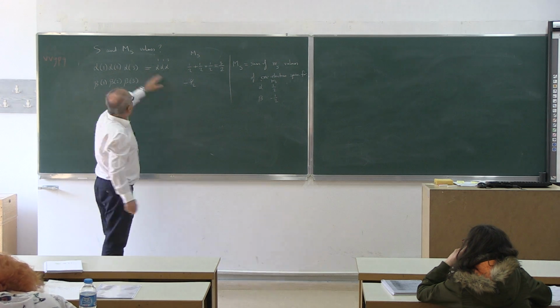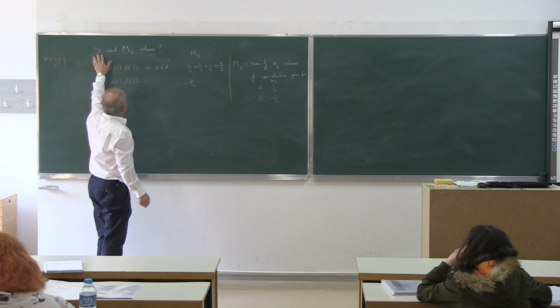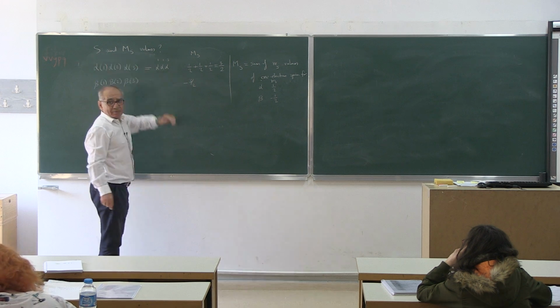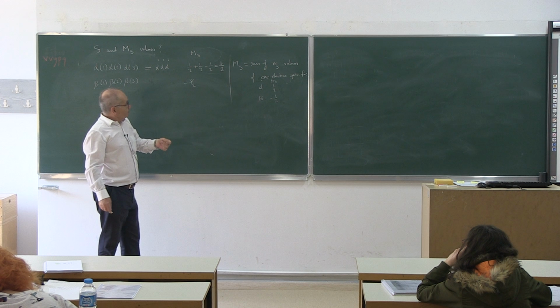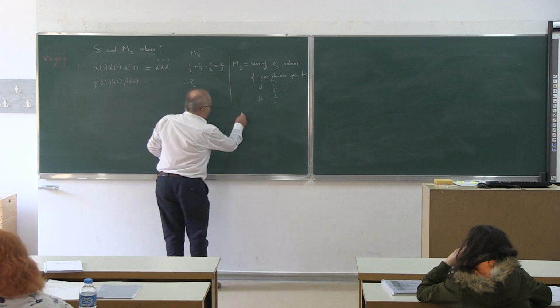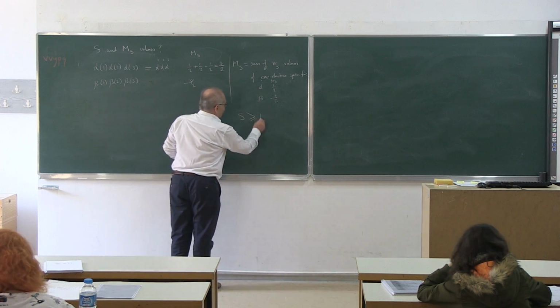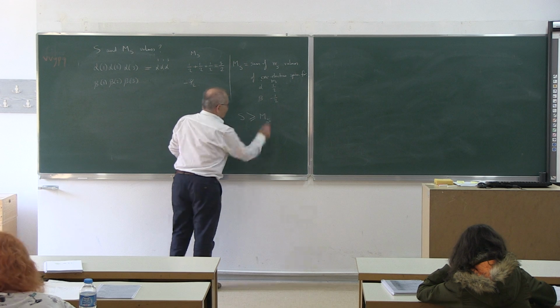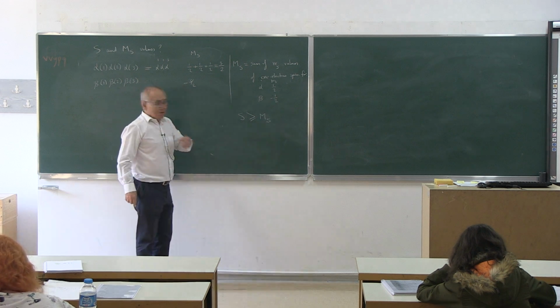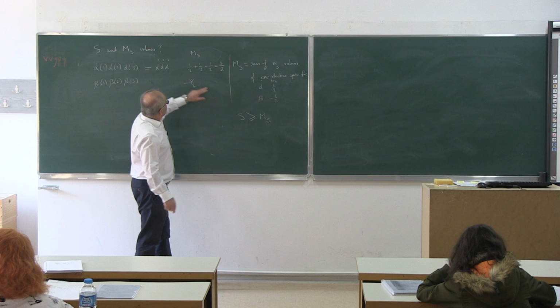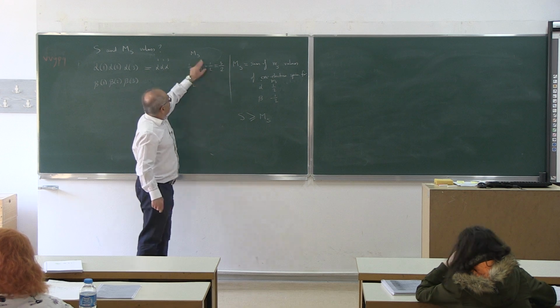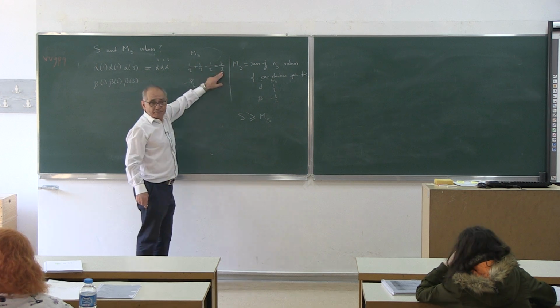Now, next you ask, what could be the S value? S must be larger than or equal to ms. In this case, the largest value for ms is 3 over 2.